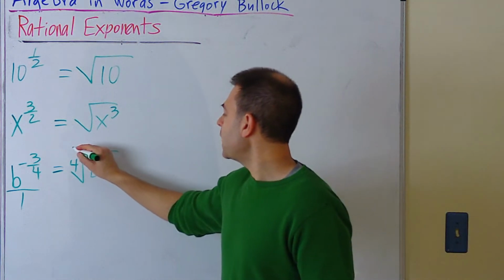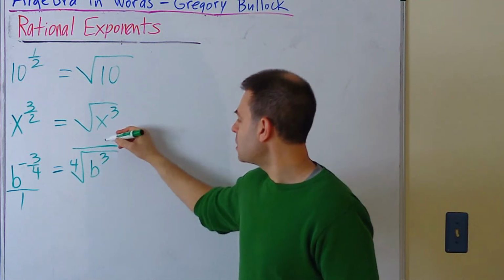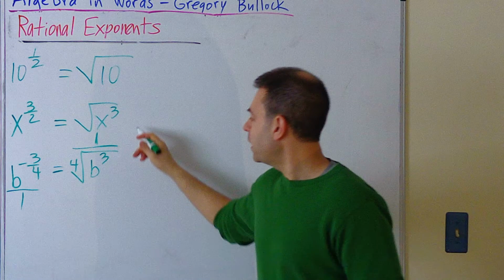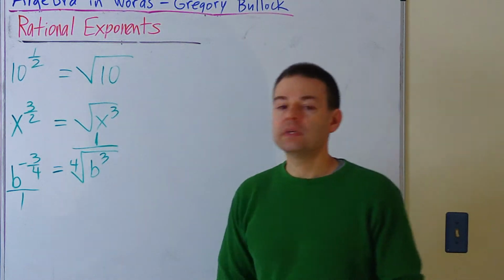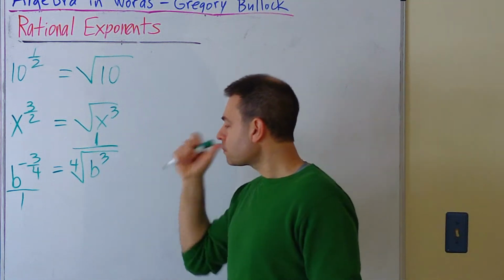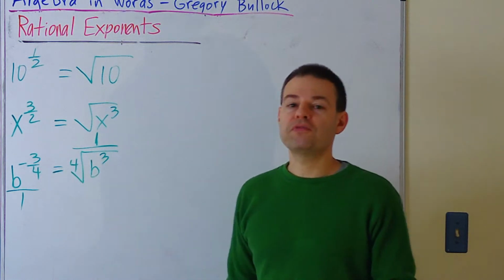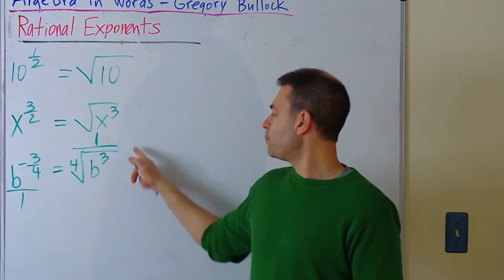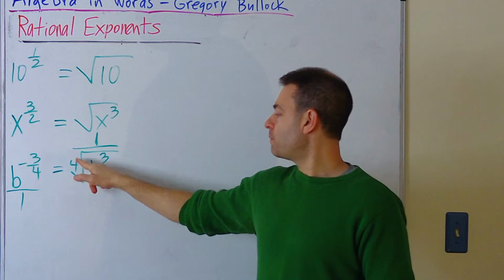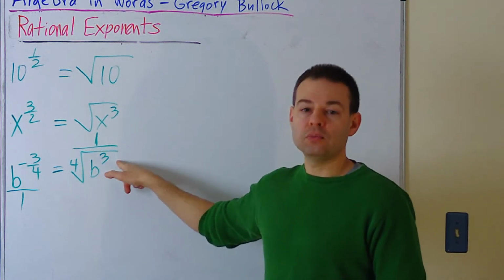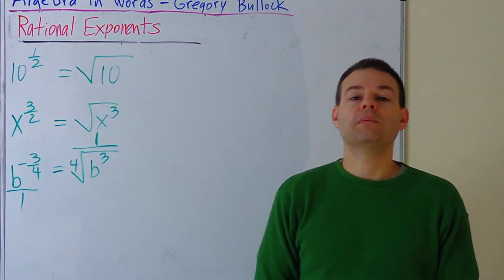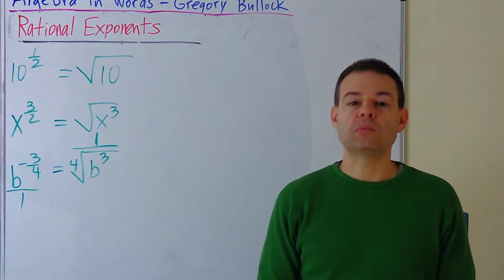And if we were to do that, it would be like putting all of this under 1. And once we do that, in summary, b to the negative 3/4 equals 1 over the 4th root of b cubed. So I'm going to pause this and we're going to look at a couple more examples.